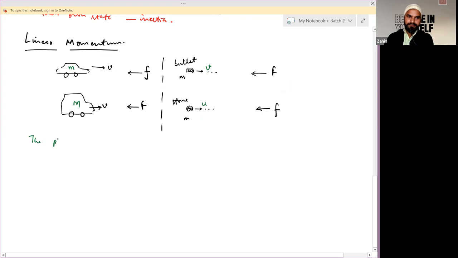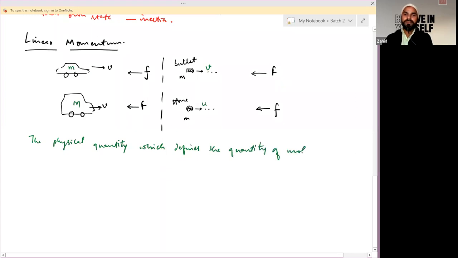So we can say linear momentum is the physical quantity which defines the quantity of motion contained in a body. Since it depends upon two factors, that is mass and velocity, it is equal to the product of mass and velocity.